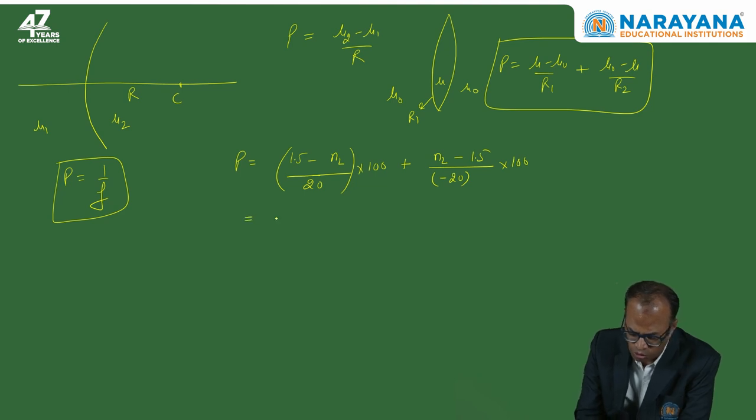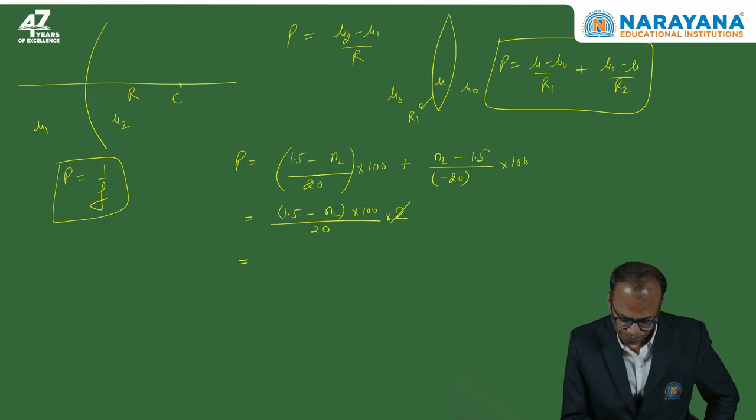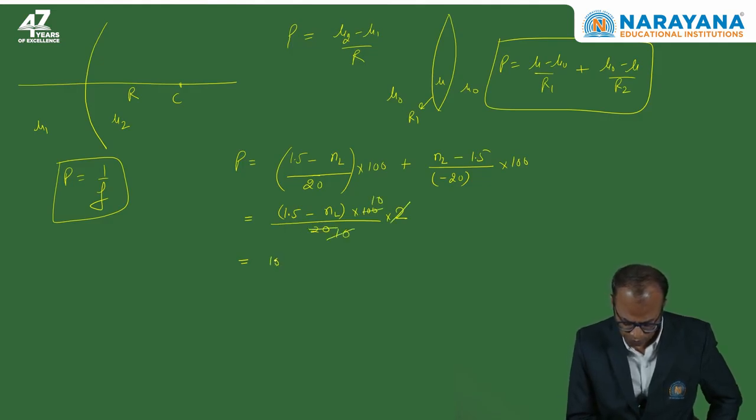So actually these two expressions will become same. So I will get 1.5 minus NL times 100 by 20, double of this, and this makes it 15 minus 10 times NL.